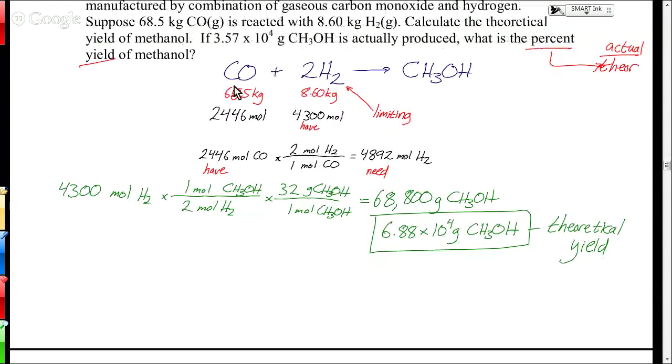So our percent yield is the actual over the theoretical and then times 100%. So we've got the actual yield, 3.57 times 10 to the 4th, divided by the theoretical yield, 6.88 times 10 to the 4th, converted to a percent.